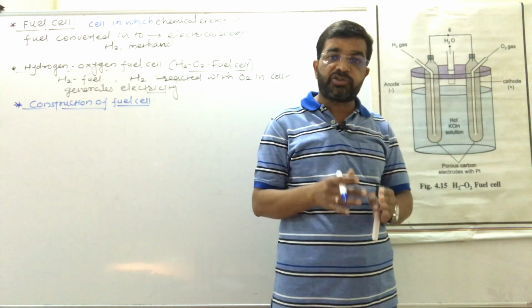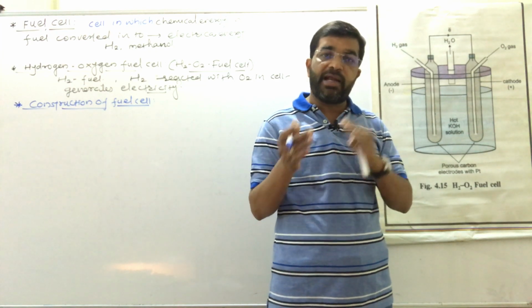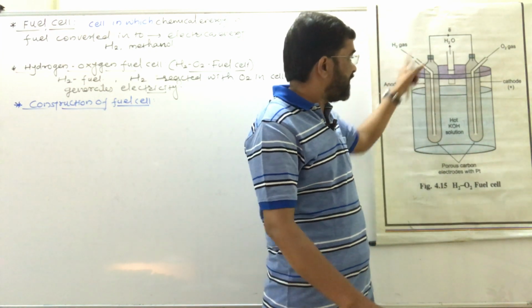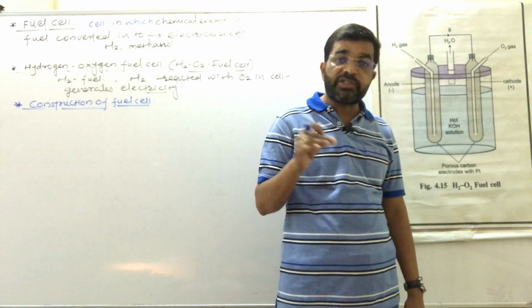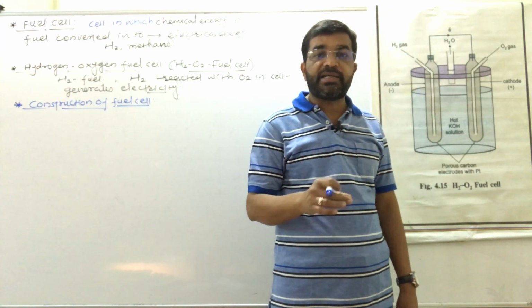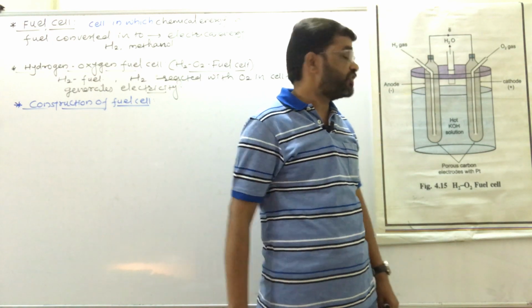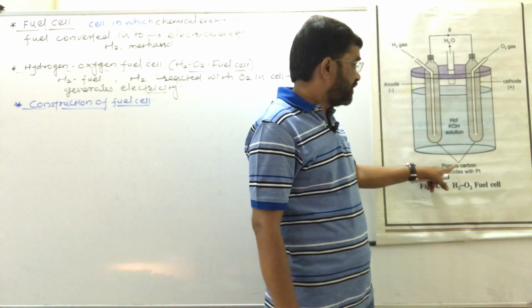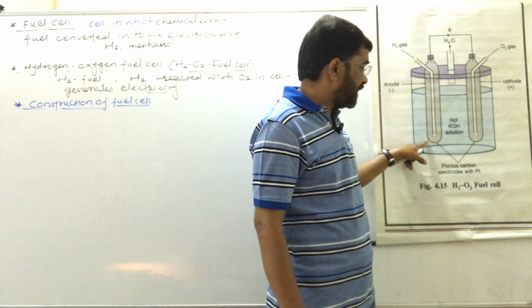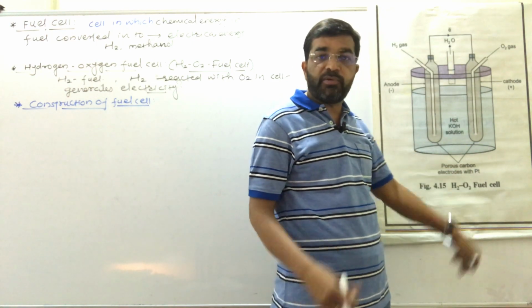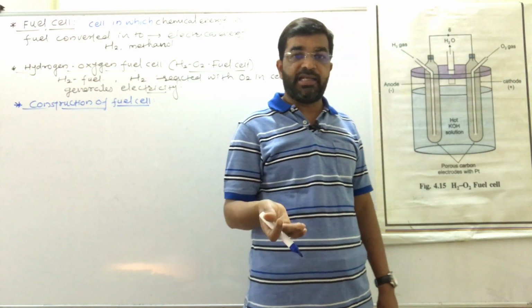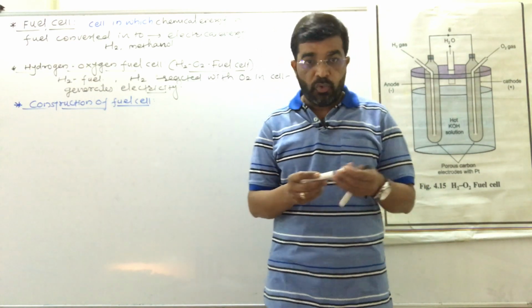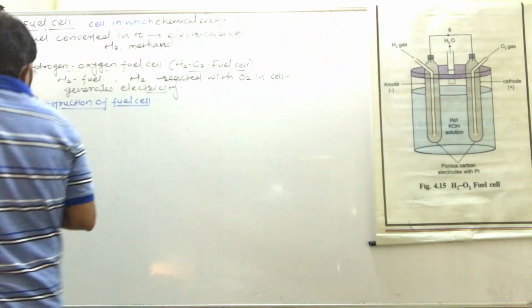When hydrogen and oxygen react in this cell, electricity is generated. This is the porous carbon electrode incorporated with platinum, which is used as catalyst. Now we will see the working of this cell.